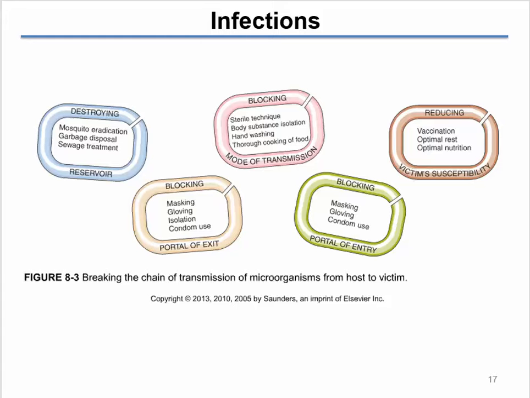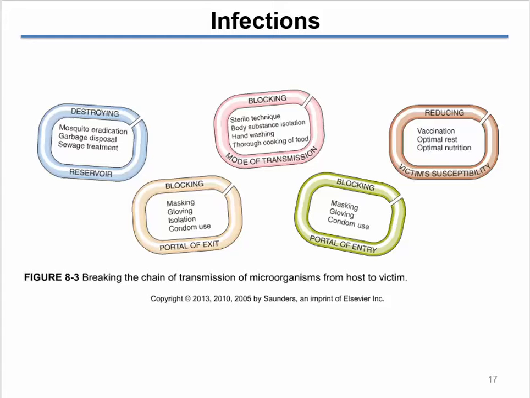You can block the mode of transmission by using sterile technique, hand washing, thorough cooking of food, pasteurization, things like that. Blocking the portal of entry is a lot like the portal of exit, so mask, gloves, condoms, and basically the difference is the giver and the taker. It's the same sort of thing, just who is doing the blocking.